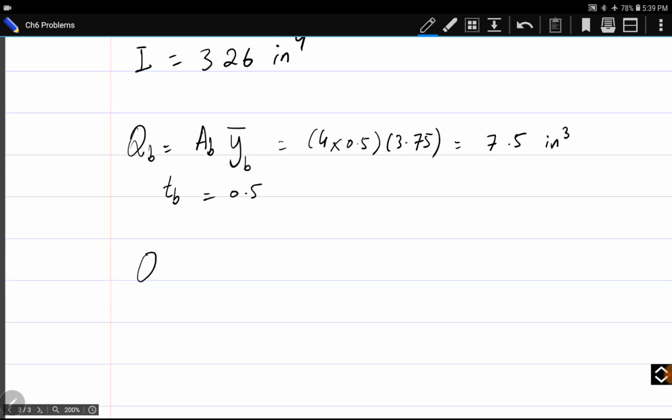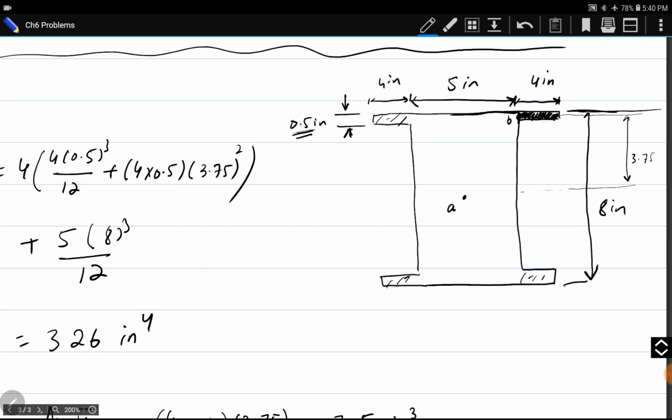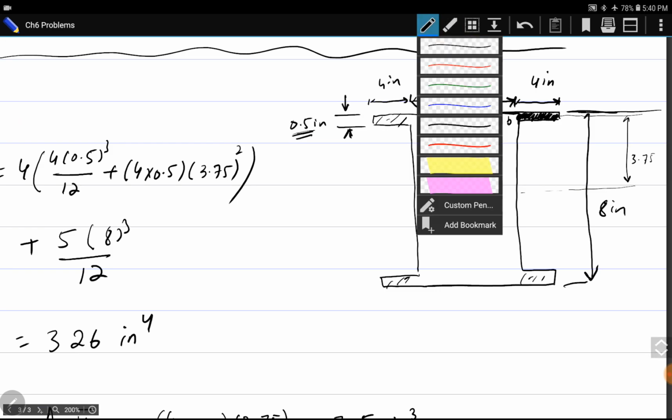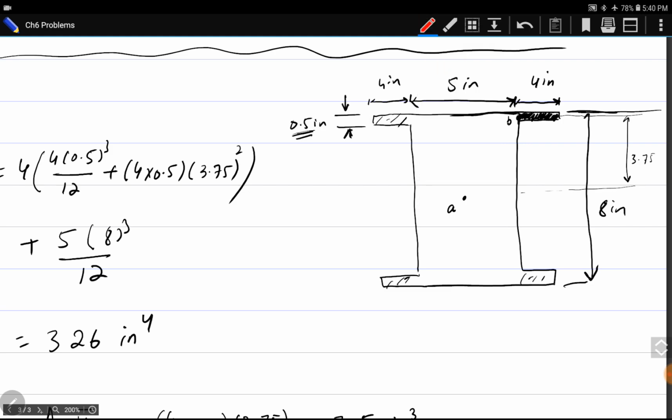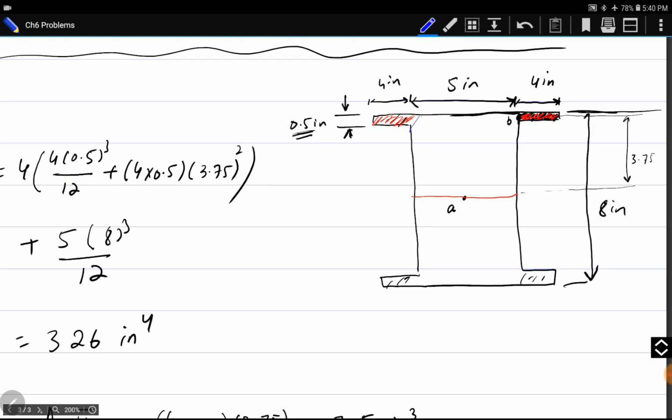Okay, similarly QA includes the already highlighted area, this area plus this area plus this blue area.